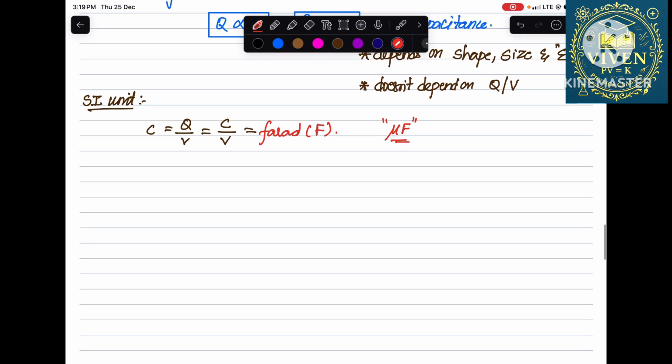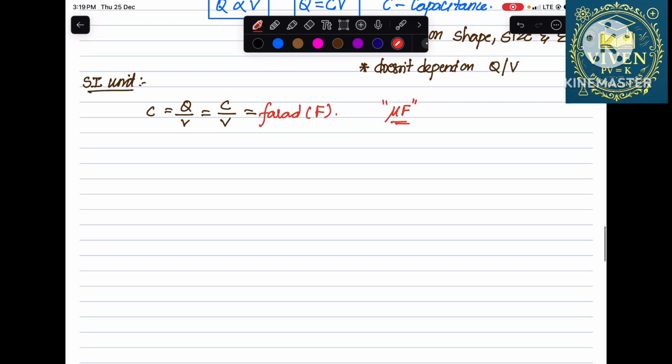Clear? Now let us see how capacity can be calculated for various objects. First, the capacity of an isolated sphere.